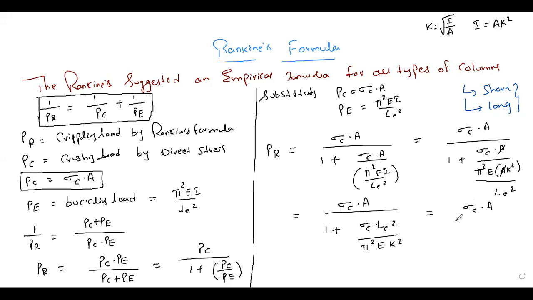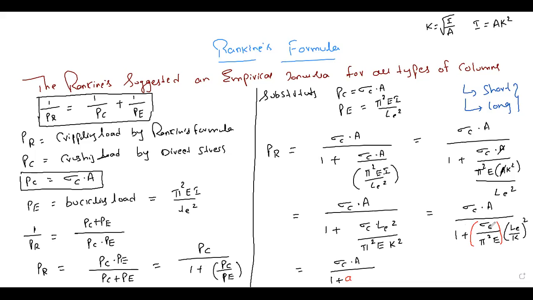Sigma C into A by 1 plus sigma C by pi square E of L E by K whole square. So finally, this can be written as sigma C into A by 1 plus, let me take this whole parameter, sigma C by pi square into E, as a constant, a.